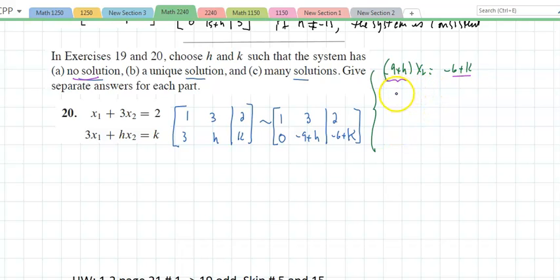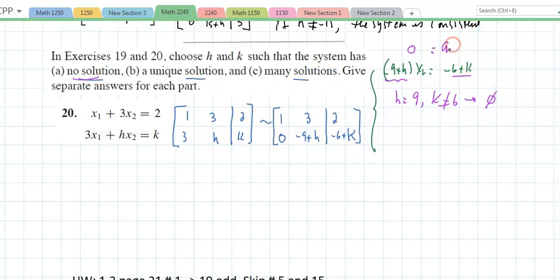So if I have H equal 9, that will make the left side 0, and K not equal to 6, then I'm going to get no solution. Are we clear on that? Hopefully. If not, just think about it. If this is equal to 9, that will be 0 on the right hand side. If this doesn't equal 6, that's going to be a number other than 0. Right? And therefore you're going to have no solution.